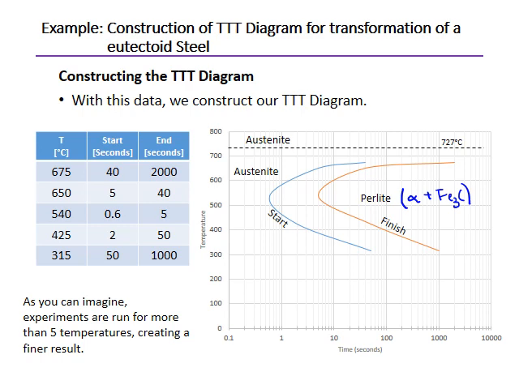So in many TTT diagrams, they use this ferrite and cementite, but you have to remember that this is called pearlite, because when you are talking about ferrite and cementite, then you have to remember that you have the possibility for producing primary ferrite or primary cementite.